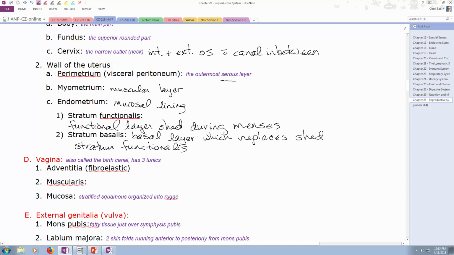And so if you have the stratum basalis, it is next to the myometrium. Stratum functionalis is next to the actual uterine cavity itself.